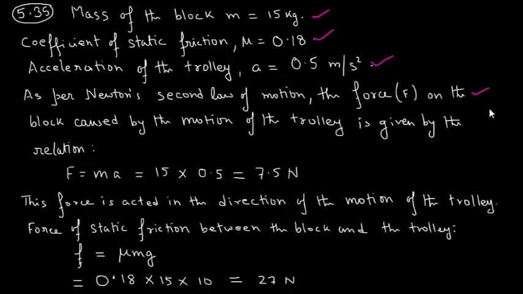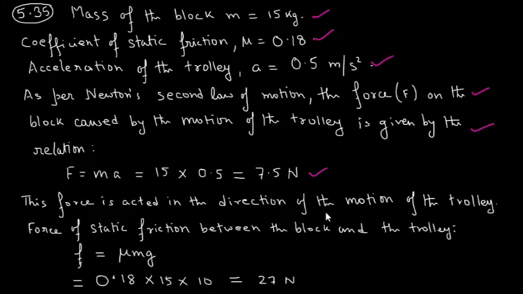As per Newton's second law of motion, the force F on the block caused by the motion of the trolley is given by the relation F is equal to ma. Putting the values of m and a, 15 and 0.5, we get 7.5 Newton. The force acts in the direction of the motion of the trolley.